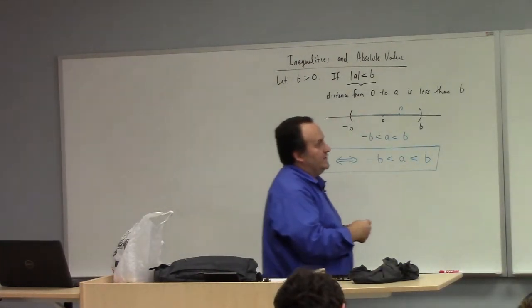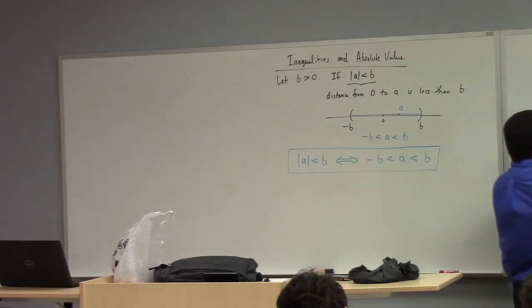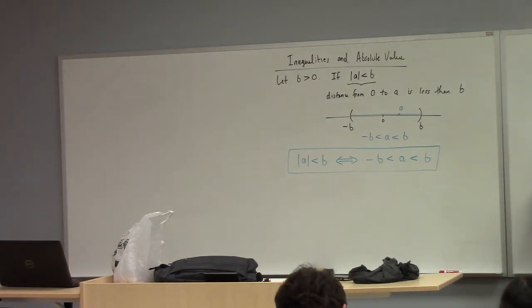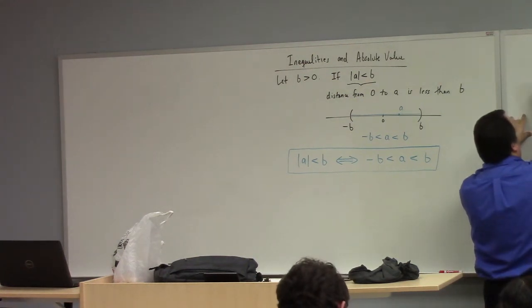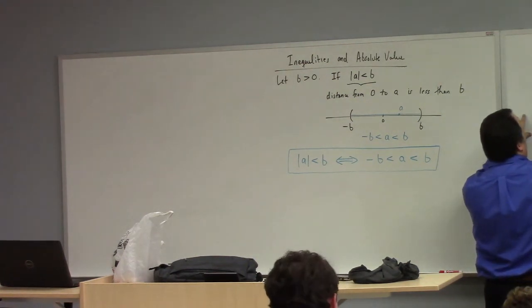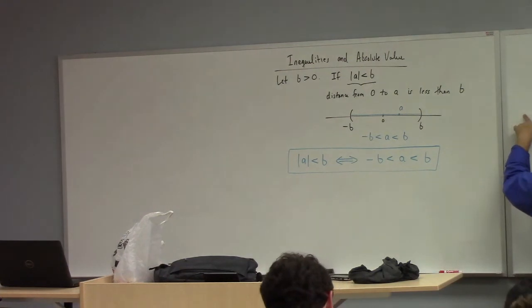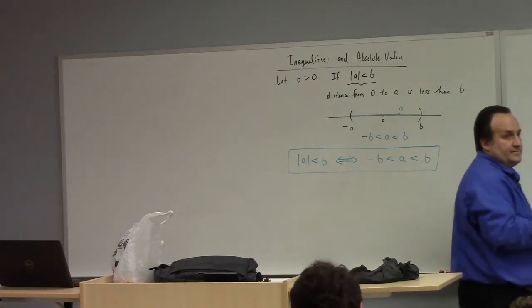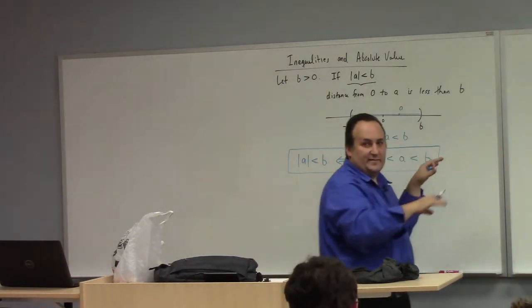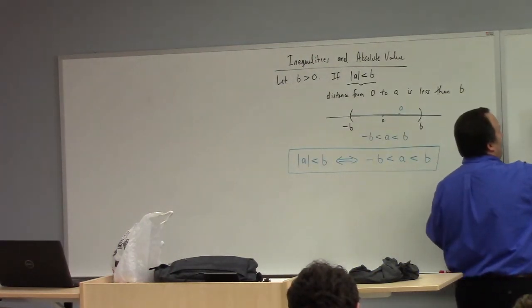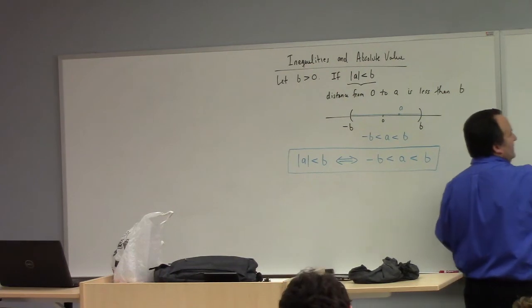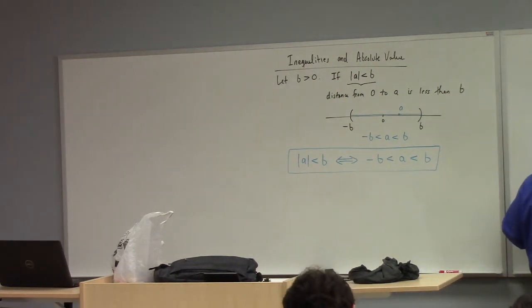You're either over here, further than B units this way, or you're further than B units that way. So you can either have A over here, or you could have A over there. Never the two shall meet. These are disjoint cases. Either we have A is less than minus B, or we have A is greater than B.